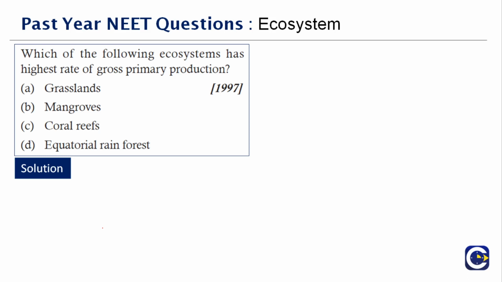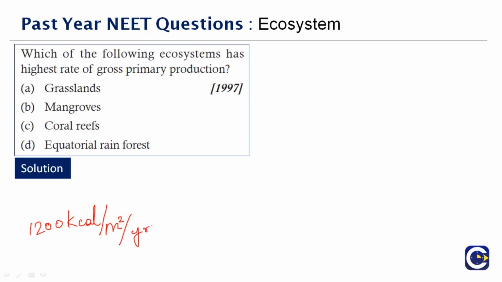I told you rainforest has the biggest contribution when it comes to the ecosystem. Equatorial forest has the highest gross primary production, about 1200 kilocalories per meter squared per year. So the highest production comes from here.